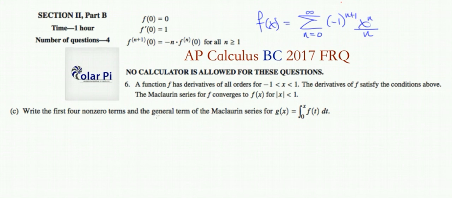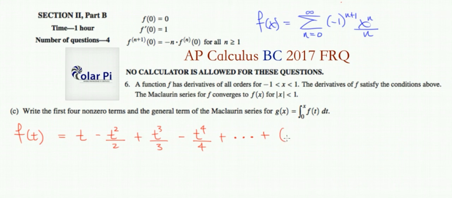Now, if we write f of t so that we see the first four non-zero terms, then f of t will have to be t minus t squared over 2, plus t cubed divided by 3, minus t to the fourth divided by 4, plus dot dot dot, and then plus the general term, which was -1 to the n plus 1.